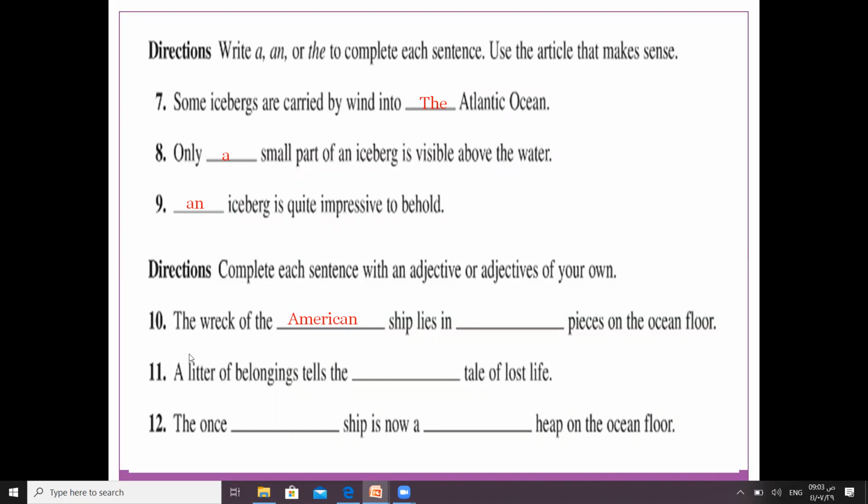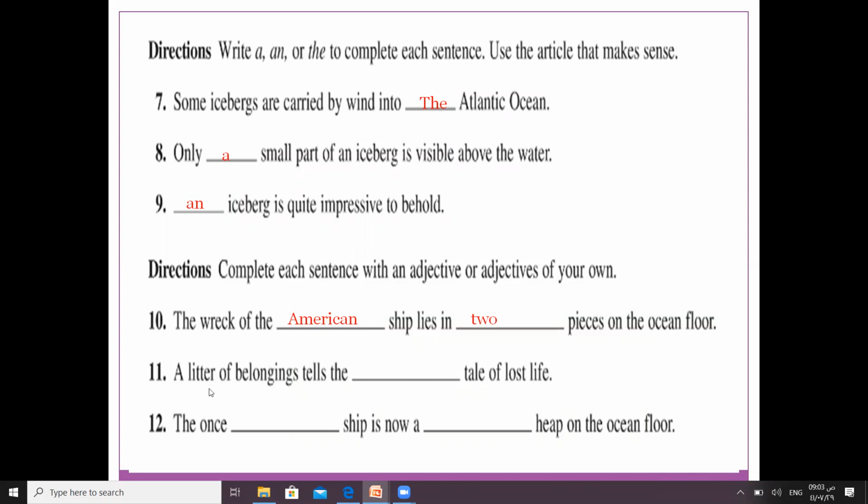Okay, so the wreck of the American ship lays in what? The water. On the ocean floor. Here we will mention a number. Small. 8, teacher. I love 8. The number 8. 8 pieces on the ocean floor, for example. 55.